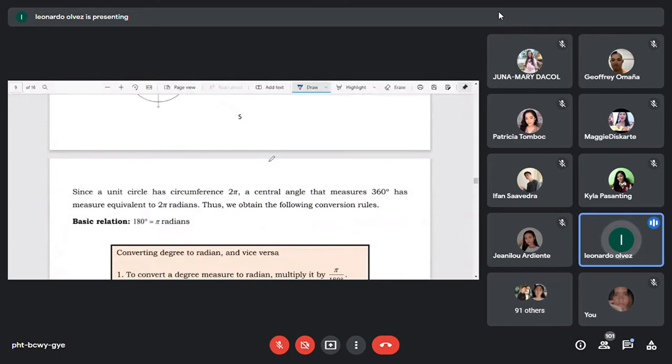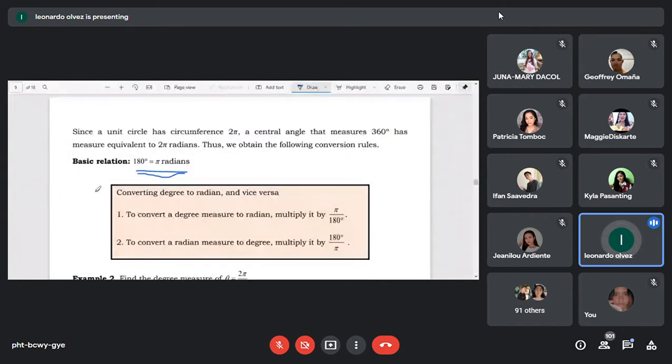Since a unit circle has circumference 2 pi, a central angle that measures 360 degrees has measure equivalent to 2 pi radians. Thus, we obtain the following conversion rules for converting between radians and degrees. 180 degrees is equal to pi radians.